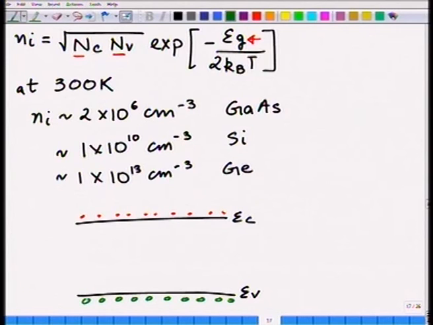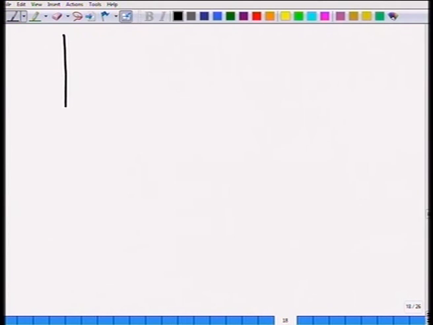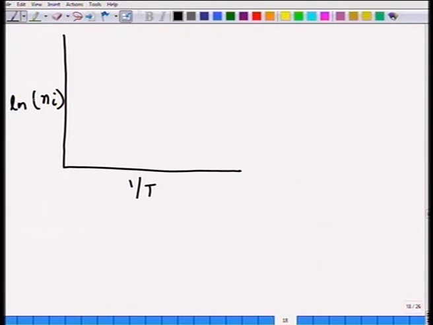So if I plot this as a function of 1 by T, and I plot Ni, or if you wish log Ni, then what I will get is a curve which looks something like this. This is the plot of Ni.